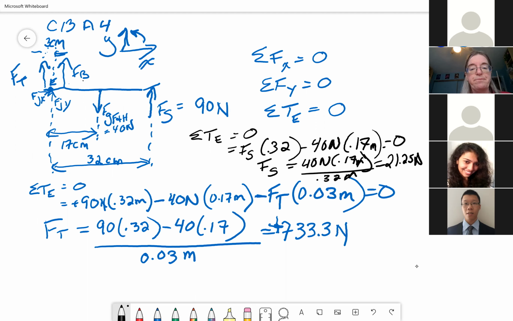You can see the 90 newtons would be greater than 21.25. So anything greater than 21.25, the triceps are the muscle that's on, and I'm actively pushing down on the scale. Anything less than 21.25, I'm partly taking up the weight of my forearm and hand using my biceps. So does that make sense to everybody?